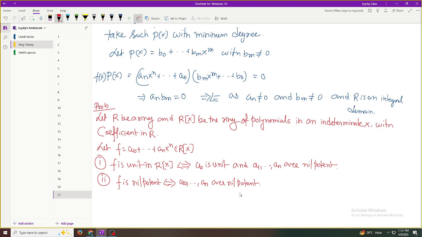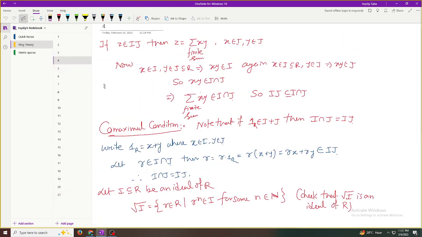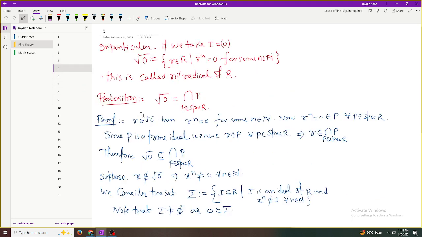Root of 0 equals the intersection of all prime ideals, right? That is this proposition: nil radical is the intersection of all prime ideals.